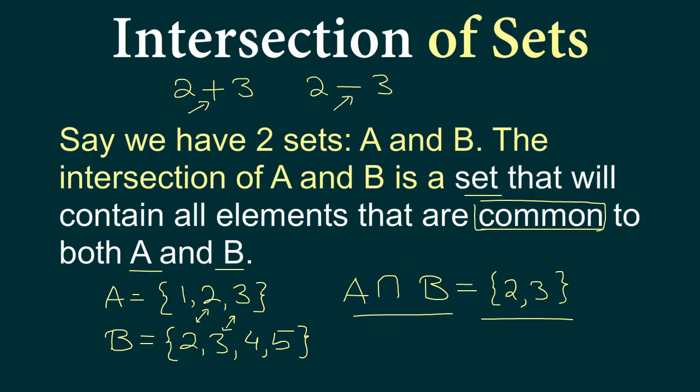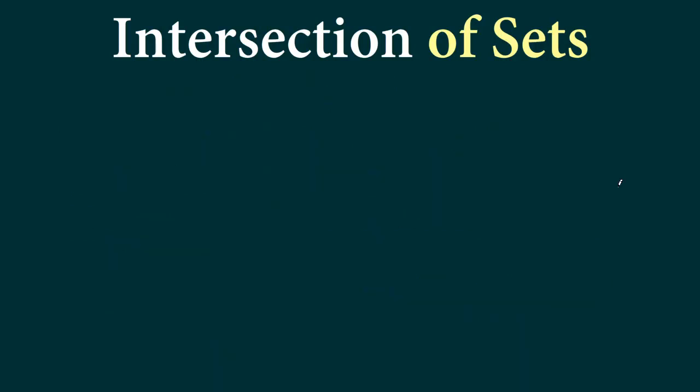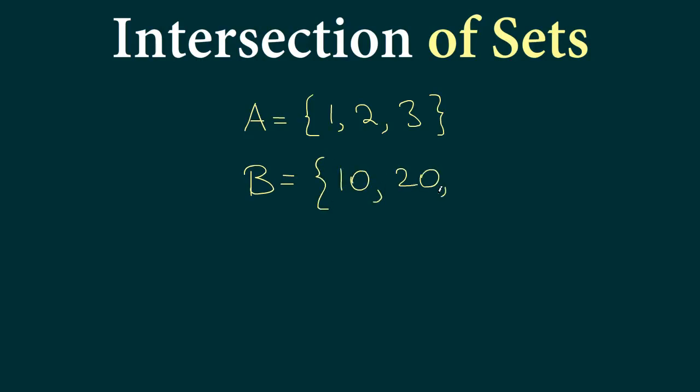Now let's take a look at one more example. Let's say this time our set A looks like this, the same set, 1, 2 and 3. But for set B, let's change this up a little bit. Let's say the set B contains 10, 20, 30 and 40. So how are we going to find A intersection B?